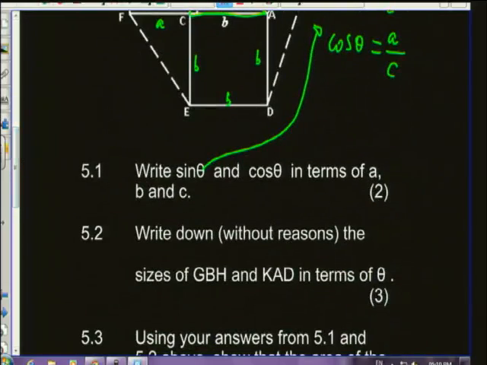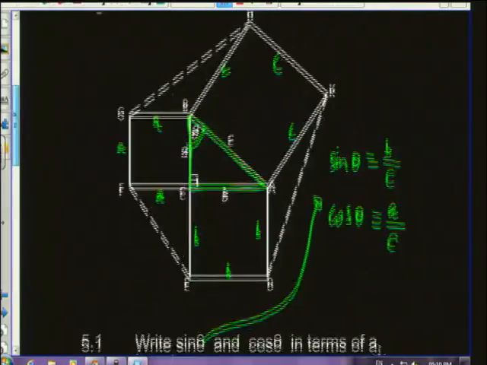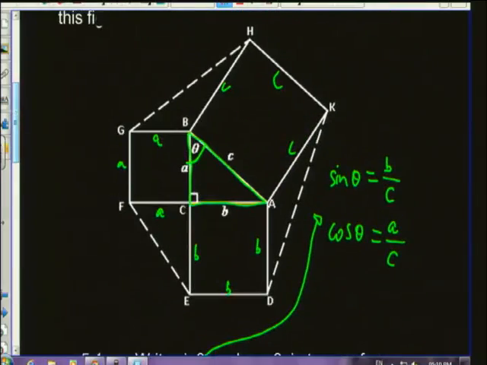Now we need to write down, without reasons, the size of GBH and KAD in terms of theta. Now GBH, you need to work out that. We know that we have a square there with sides C, so there is 90 degrees there.